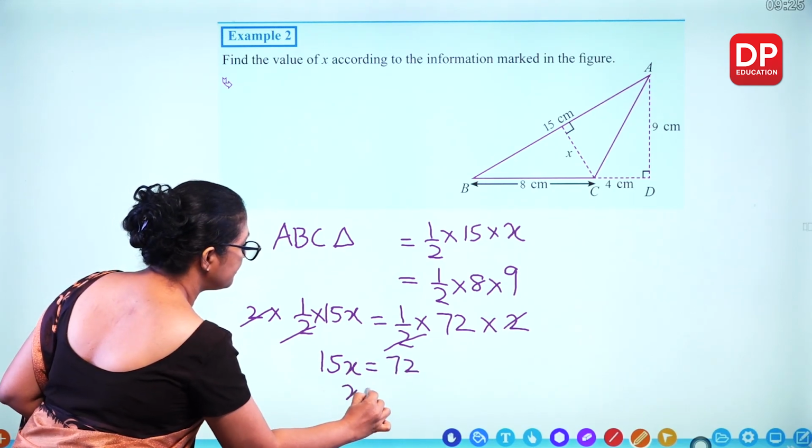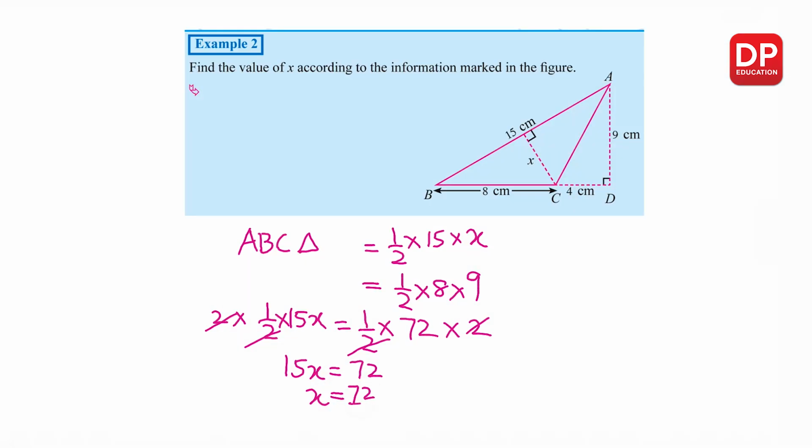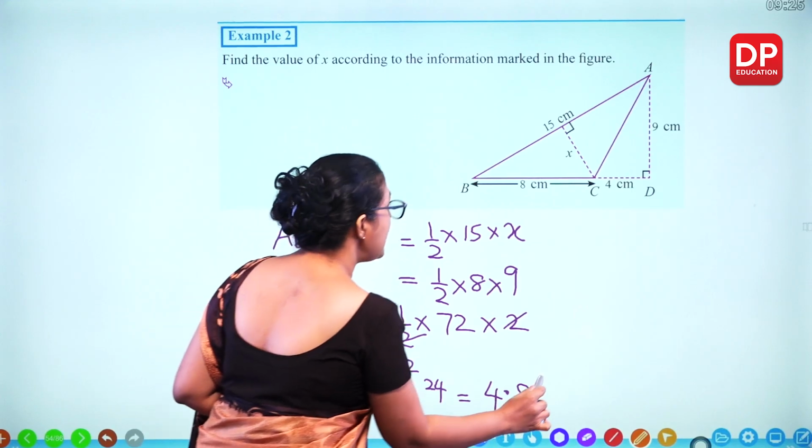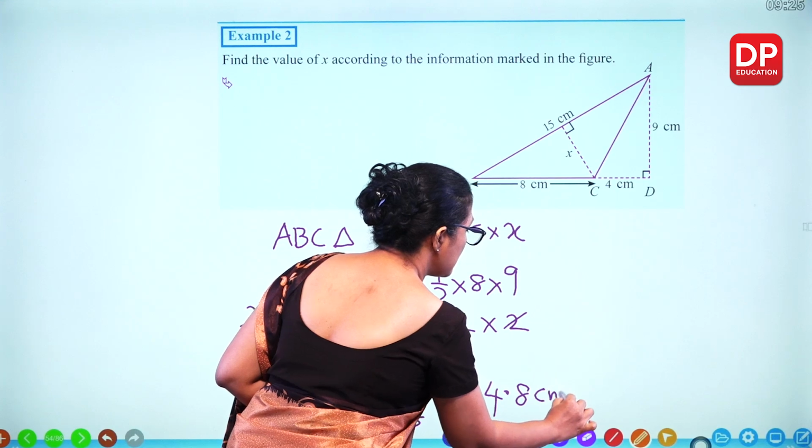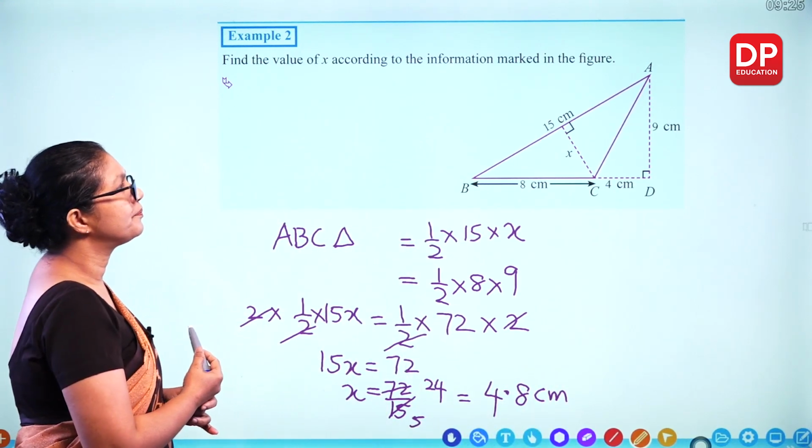What's x? 72 divided by 15. You can divide this by 3 and divide this by 5. You get 5 times 4, 20. For 40, that's 8. 4.8 centimeters is the x value.